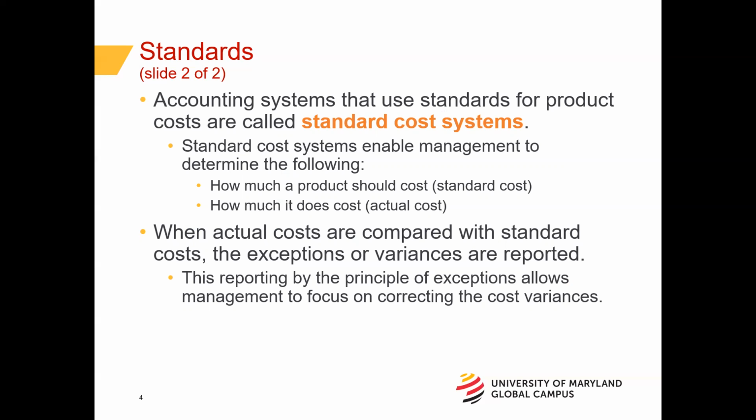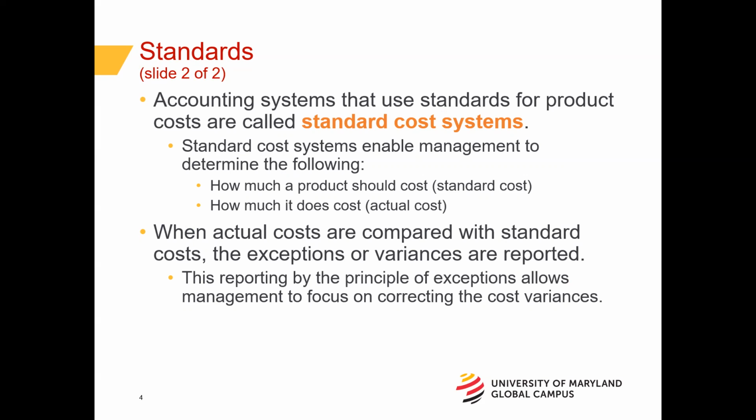Think of it from the perspective of when we discussed budgeting concepts. You have your actual and your goal or your budget. We know that the actual costs are going to be different than the budgeted costs. You can think of standard costs as being that budget and then the actual performance, and there's a comparison between the two.